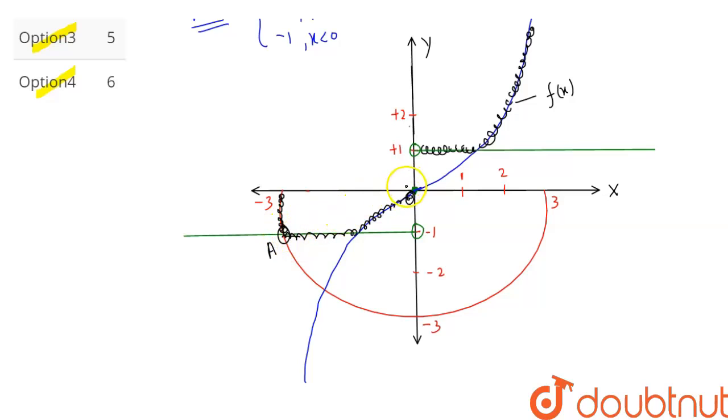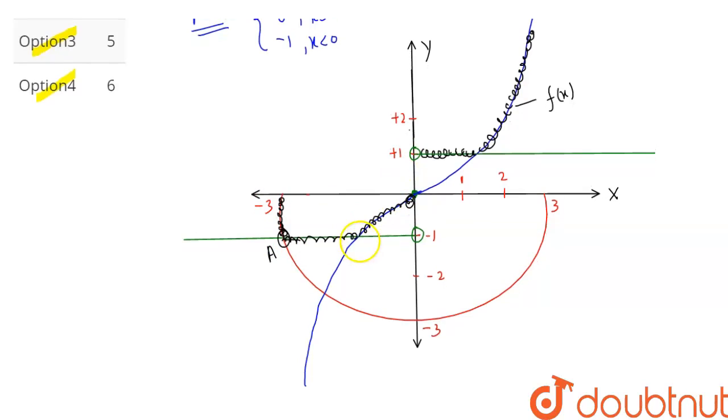Similarly, at this point B we also have a sharp edge, and here the function is continuous but not differentiable, because the function is not differentiable at sharp edges. Why? Because the tangent will not be defined. We need a unique tangent for a function to be differentiable at that point.